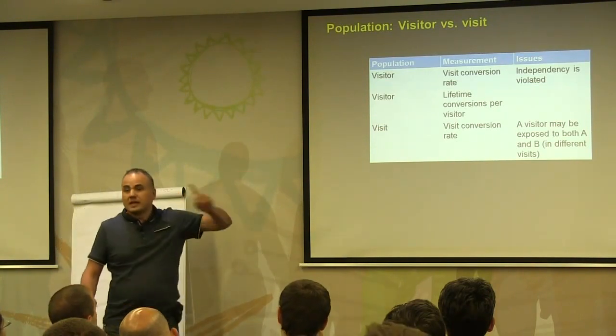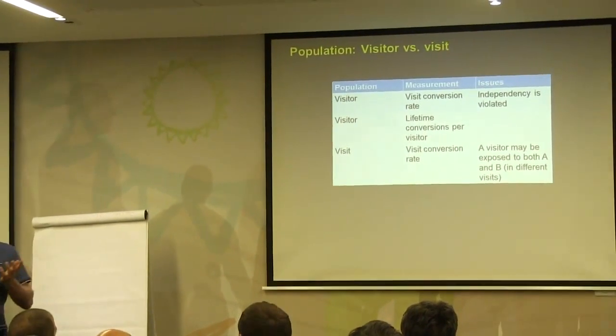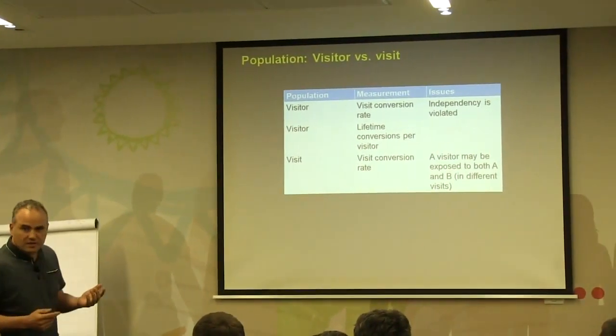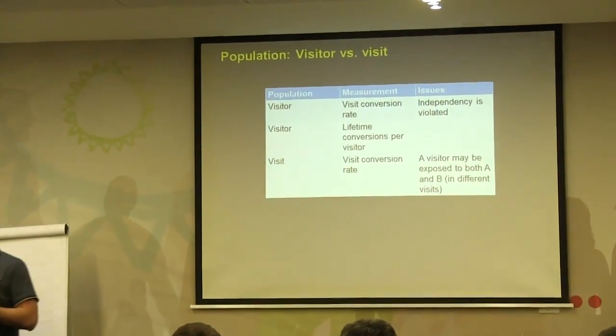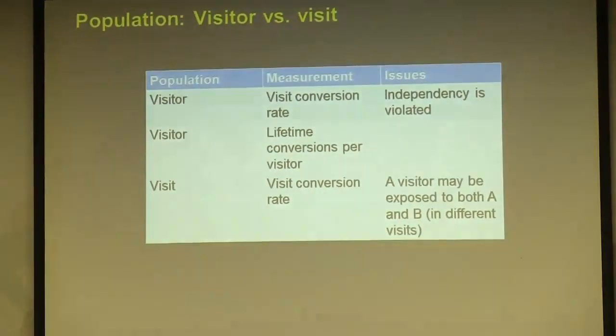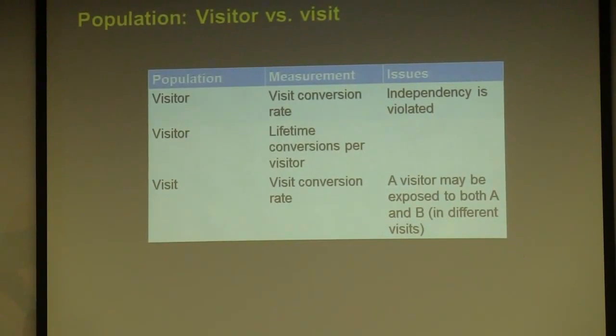In this case, when you're measuring visitors, it's not really a conversion rate, or it is a rate, but it's a rate that can be more than one, because you measure the number of conversions that the visitor had during this test period. He can visit several times, and he can convert several times. So it's not really a rate between 0 and 1. It can be more than 1, and that's OK. And the independence is violated if you're using visitor.